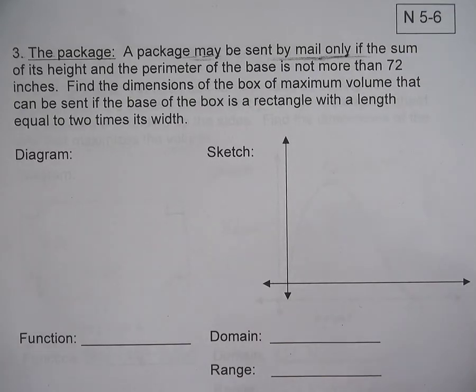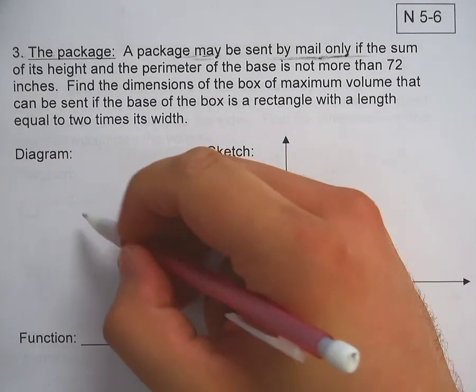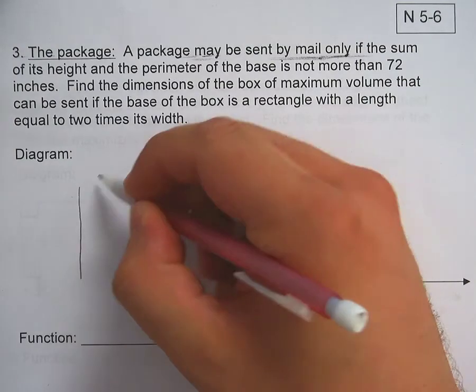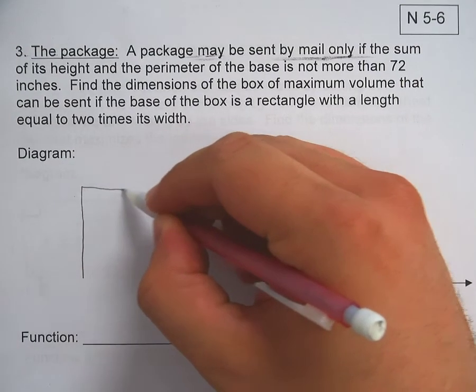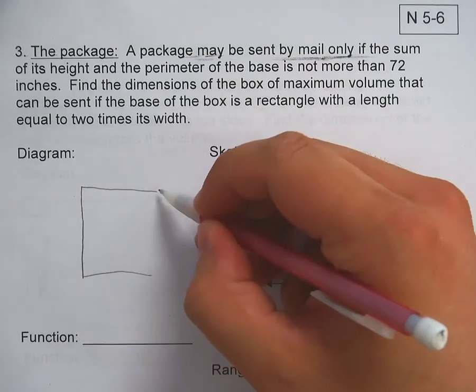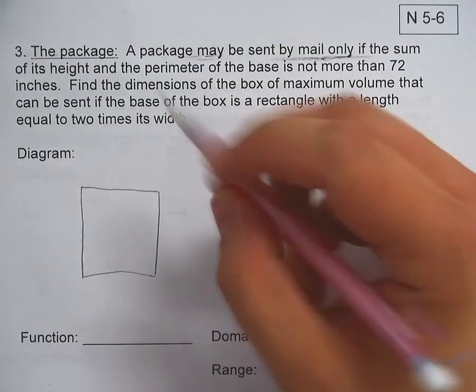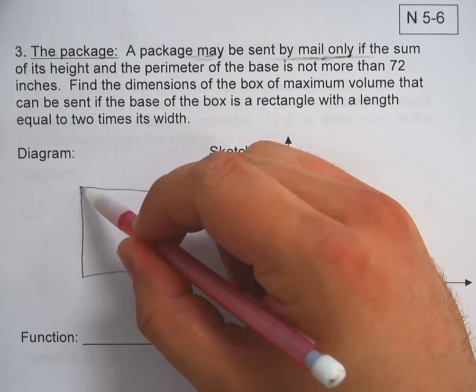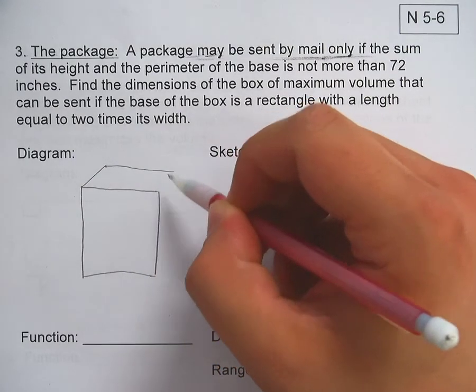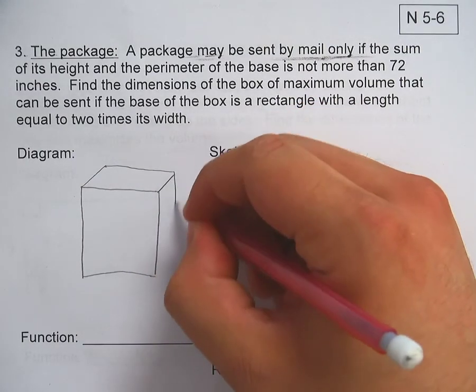Okay. I'm going to start off by drawing a box. It is a box, right? So I'm going to draw a little three-dimensional box here. It says it's rectangular, so I'm just going to assume that it is not a perfect square.